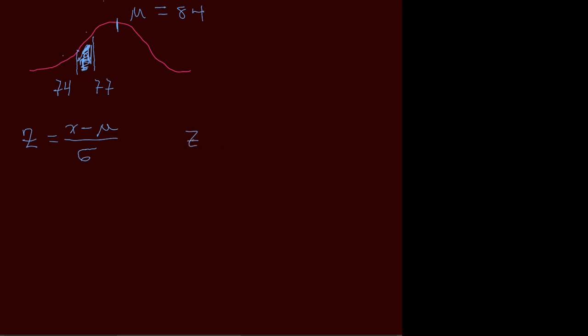So the Z for the highest score is going to be 77 minus 84 over 4, because our standard deviation was 4. And 77 minus 84 is negative 7/4, or as our calculator would put it, negative 1.75.